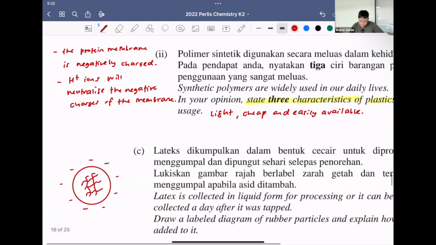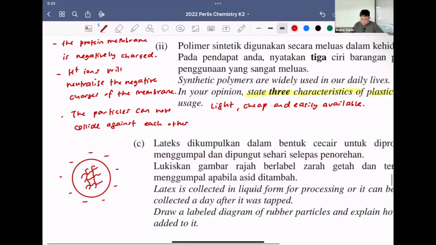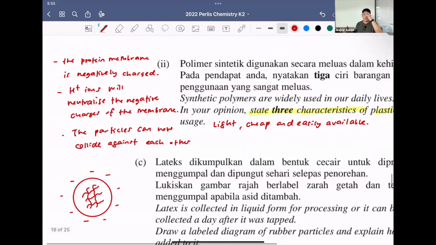And after you just say that, the particles can now collide against each other. When they say collide against each other, it means that after they neutralize the charge already, then they can come close to each other, right? Then they will collide and it will cause the membrane to break.